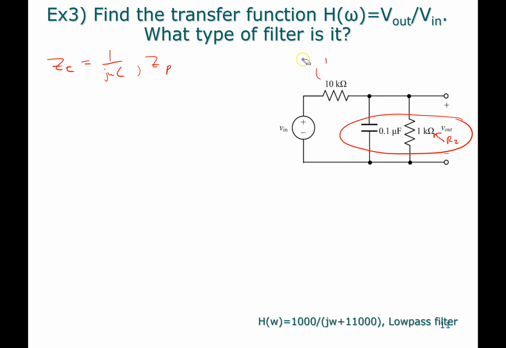If we call that R1 and this R2, and we call this a C, then we have a ZC, and our Z parallel can be kind of messy. It's going to be R2 times 1 over j omega C over R2 plus 1 over j omega C.